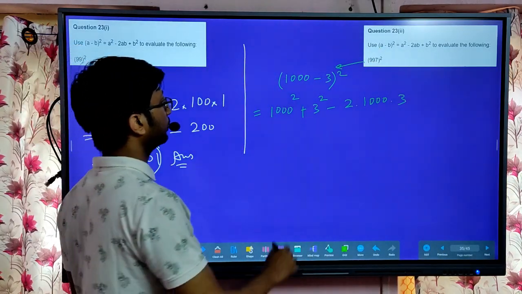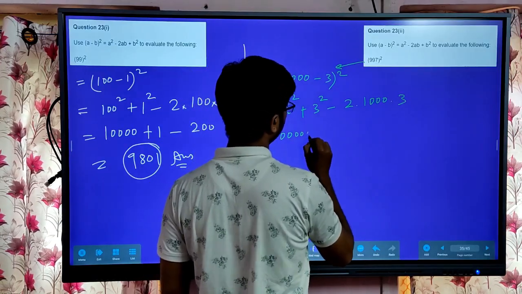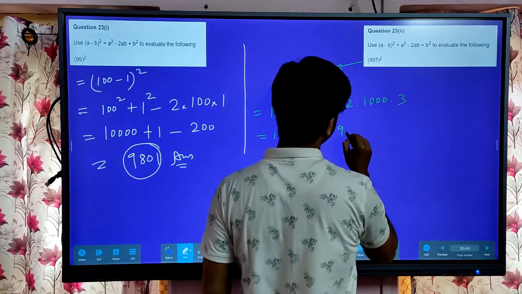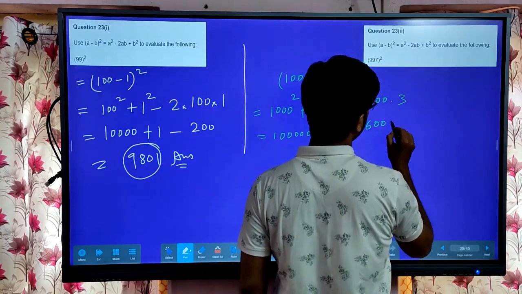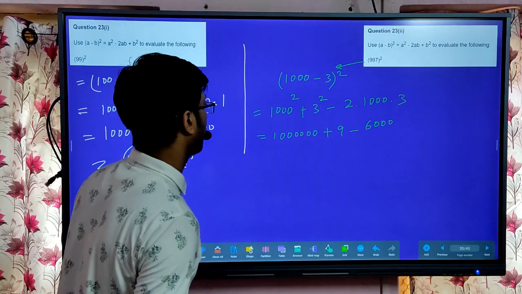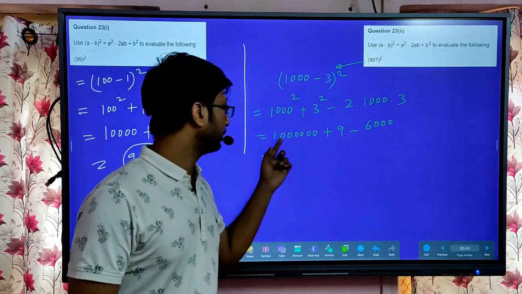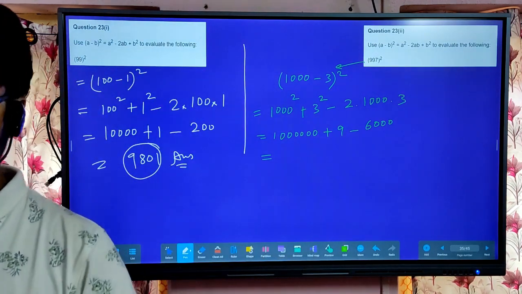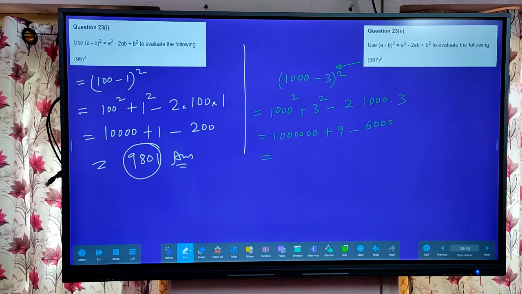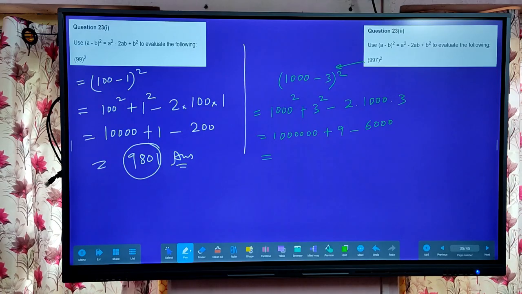So it will be 1000 square means 6 zeros, 1 2 3 4 5 6, plus 9 minus 6000. So it will be 1000009 minus 6000. You do the subtraction yourself, it will be 994009.